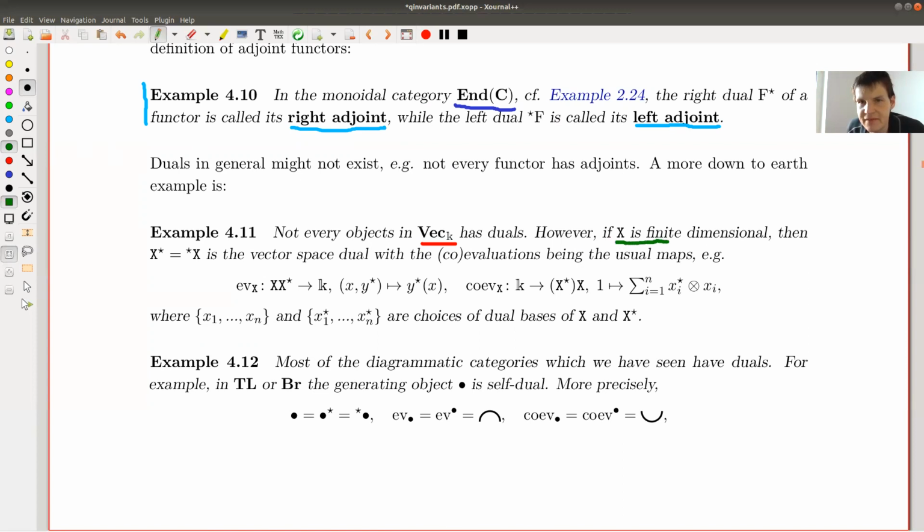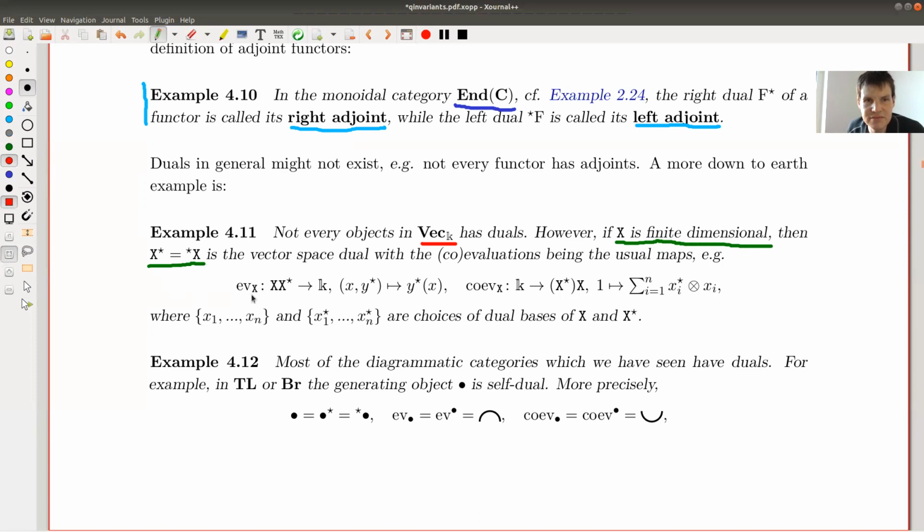But let's just see one direction, namely if X is finite dimensional, then I claim that X is actually isomorphic to X dual. But anyway, let's just ignore that. Let's just strictify that it is X dual.